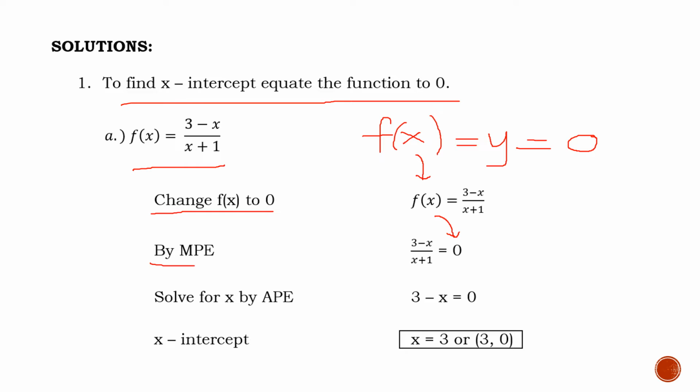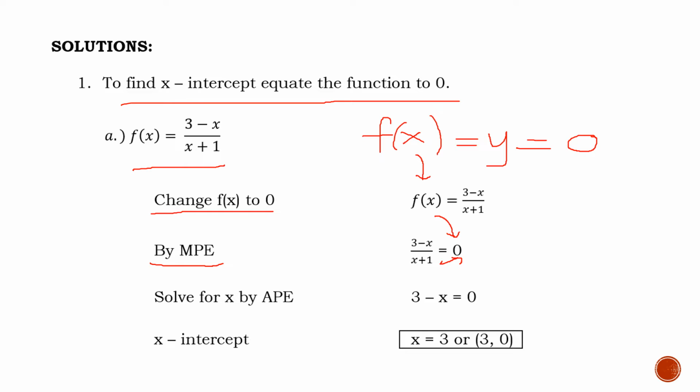So by applying MPE, which stands for the multiplication property of equality, we just cross-multiply. 3 minus x over x plus 1 is equal to 0 now.